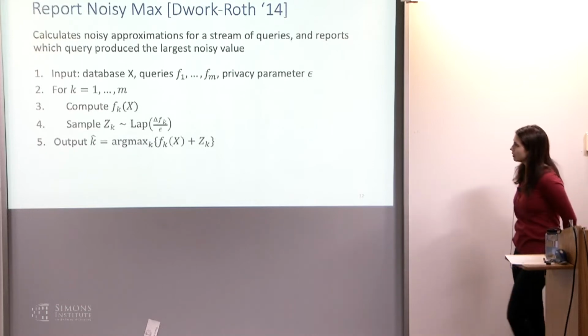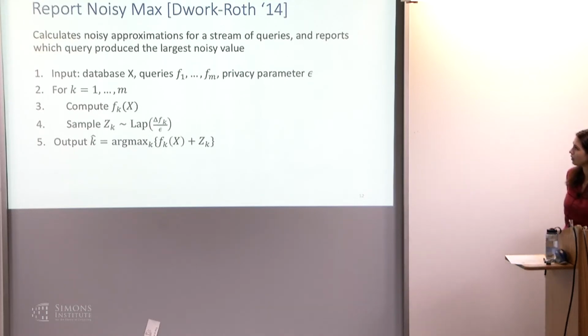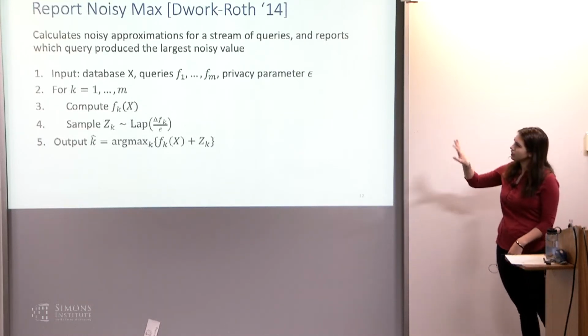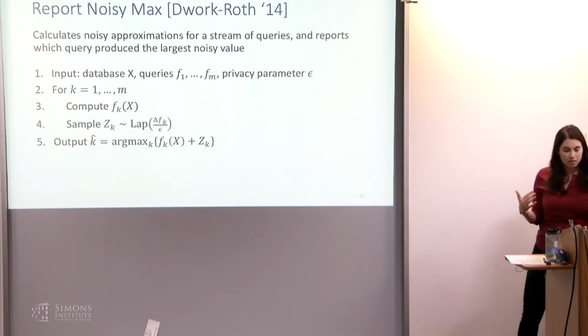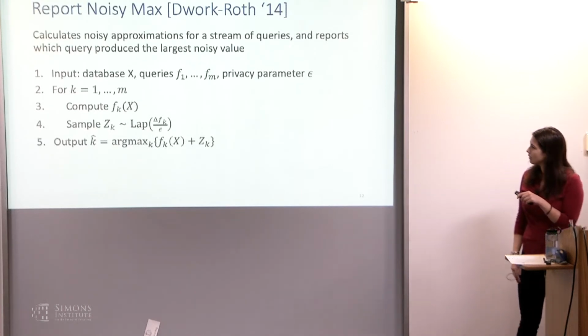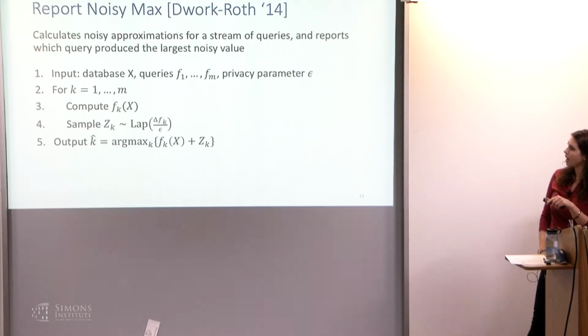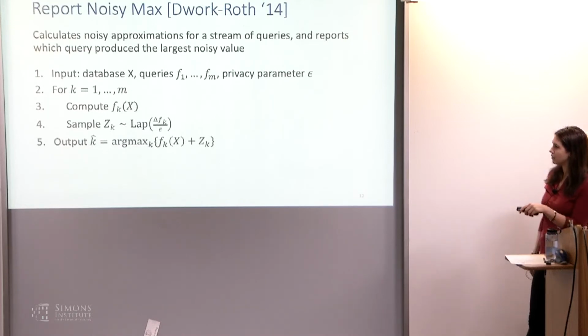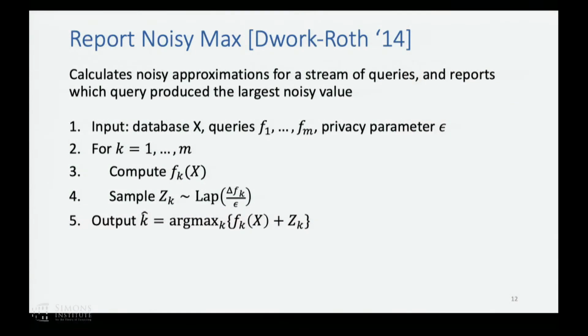So here's the report noisy max algorithm that was kind of folklore for a long time until the privacy book, and it effectively calculates noisy approximations for a stream of queries, and it tells you back which query had the largest noisy value. You take in queries and evaluate them, and you add Laplace noise with a parameter that depends on your desired privacy guarantee and on the sensitivity of f.